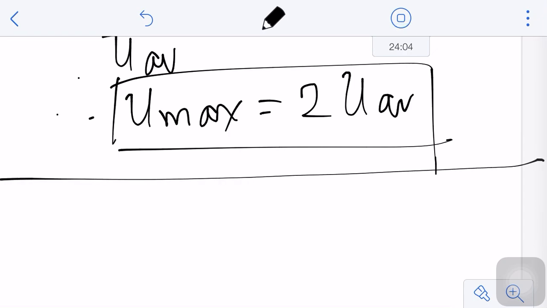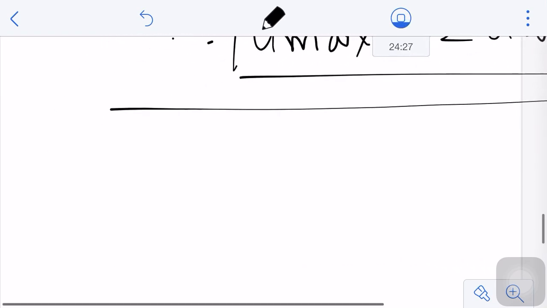We can also get the location where this local velocity will become equal to the average velocity, right. What we can do is use this equation of u max to get the location where the velocity, which is nothing but your u value or the local velocity u, becomes exactly equal to the average velocity.